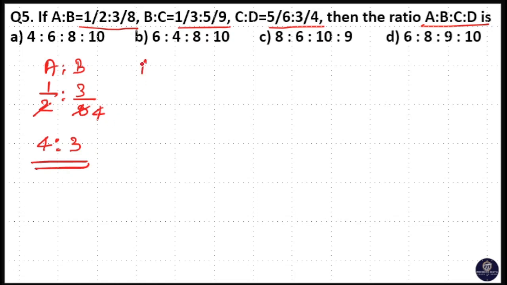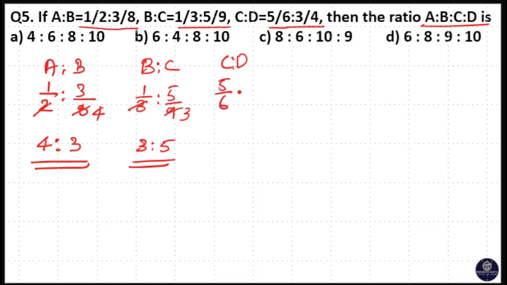Then B is to C is 1 by 3 is to 5 by 9. 3 cancels out. That is 3 is to 5 is B and C. Then C is to D is 5 by 6 is to 3 by 4.